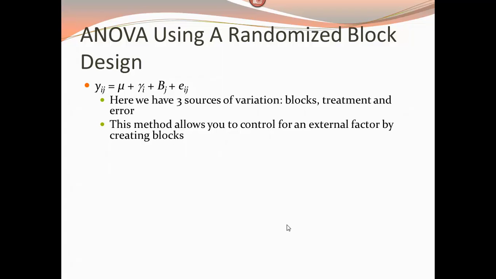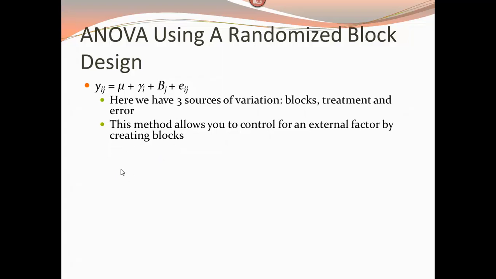In which case we would do this by grouping the data by salespeople, which is not something you see occurring in the previous example that we just did. But if you're going to design your own ANOVA analysis, you can go ahead and do that. So here we're looking at your impact is equal to your average plus gamma i is the effect of the ith treatment, and Bj is the effect of the jth block.